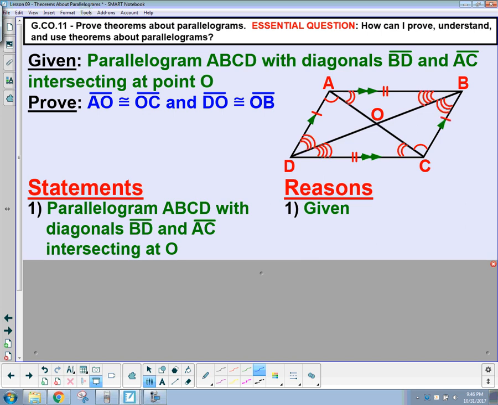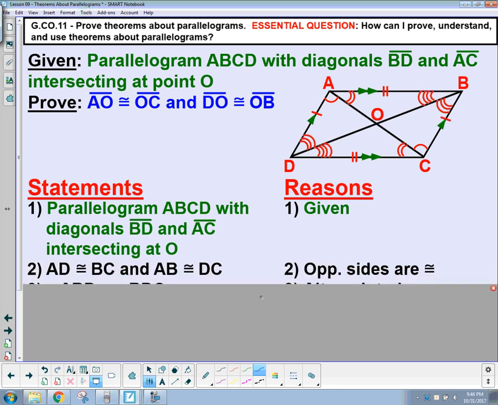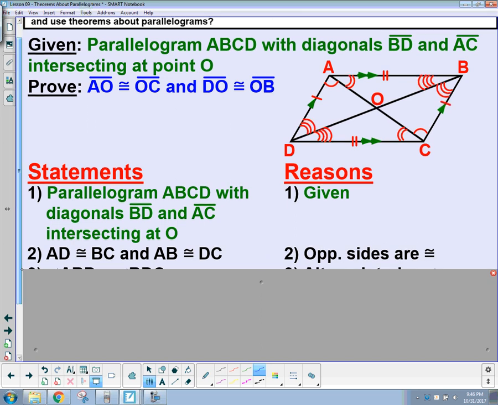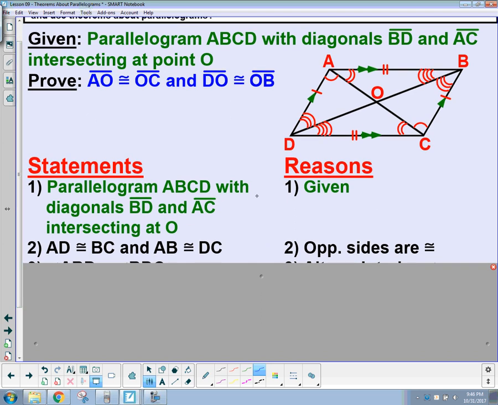So, if we have side AD is congruent to BC and side AB is congruent to DC, okay, that's opposite sides are congruent in parallelograms. We proved this a couple slides ago, so that's okay. We can take the shortcut.